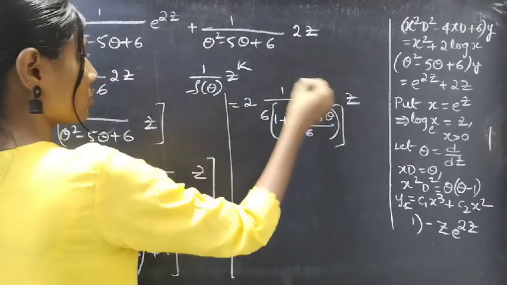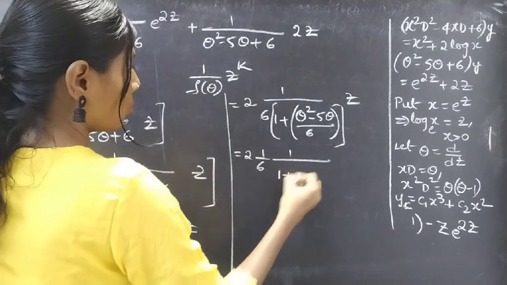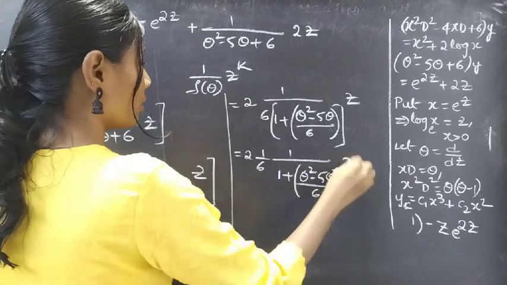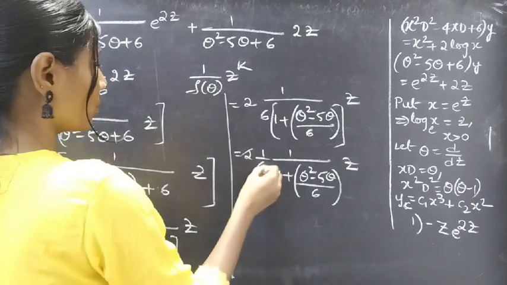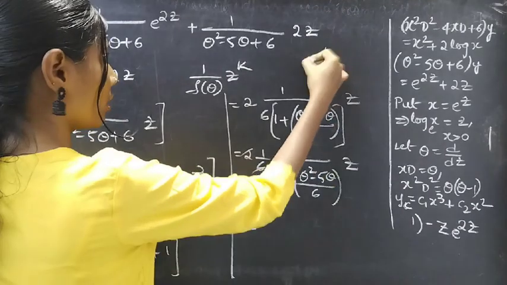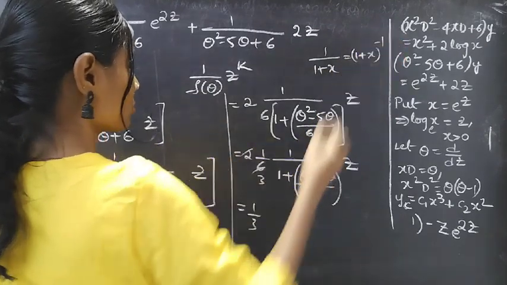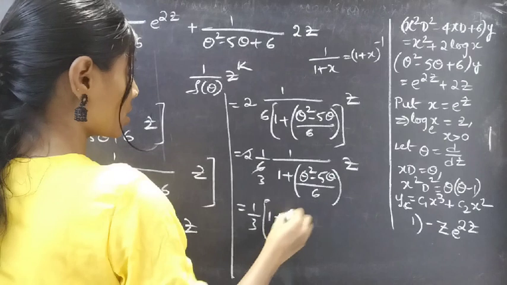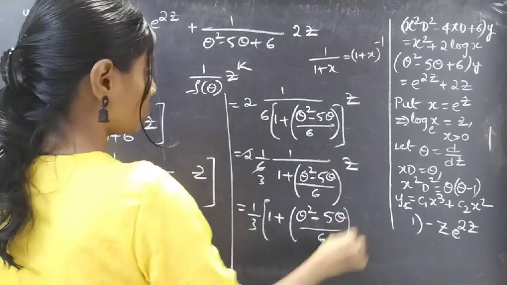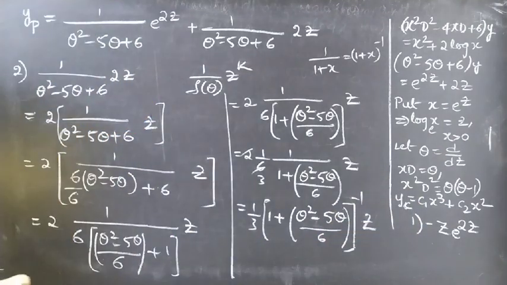Now split this fraction as 1 by 6 into 1 by 1 plus theta square minus 5 theta by 6 into z. 2 ones are 2, 3 sixes are, we'll get 1 by 3 into the second fraction, which is of 1 by 1 plus x form, so we can write it as 1 plus x whole inverse. We can write the second fraction as 1 plus theta square minus 5 theta by 6 whole inverse into z.